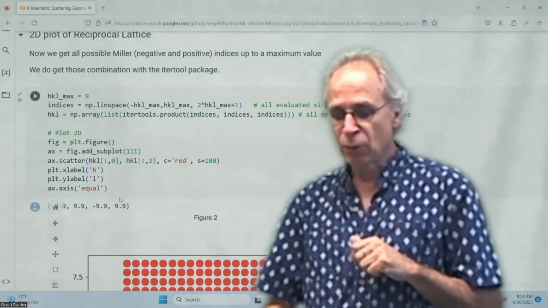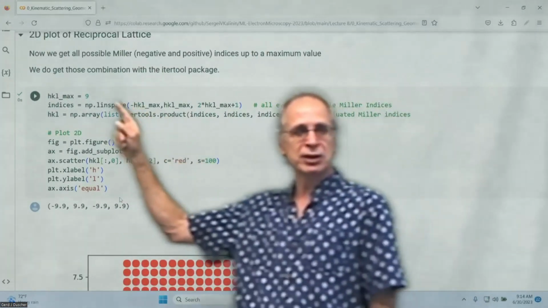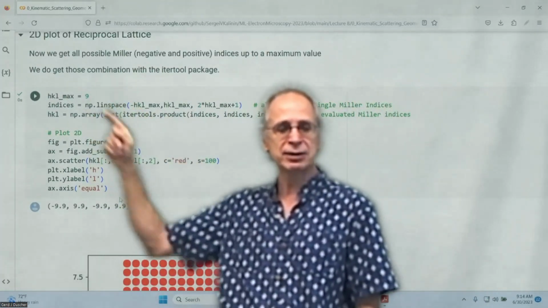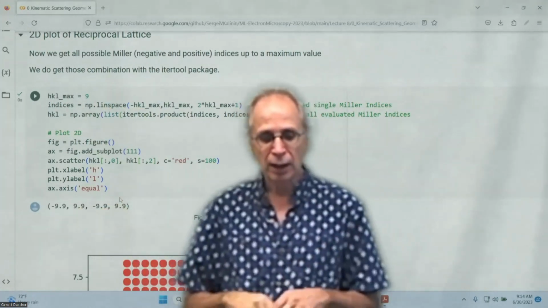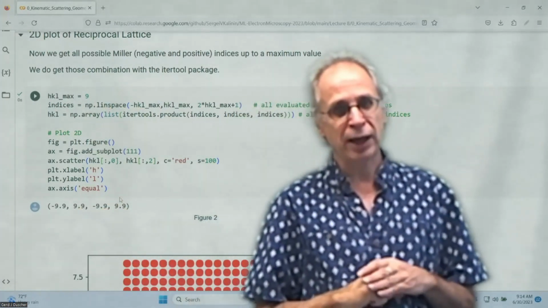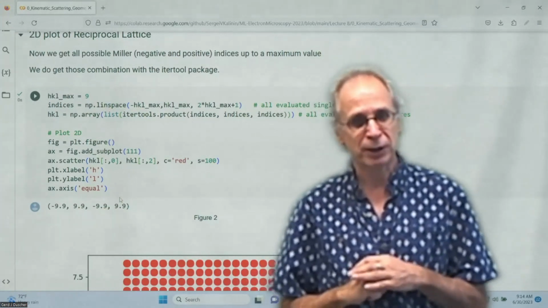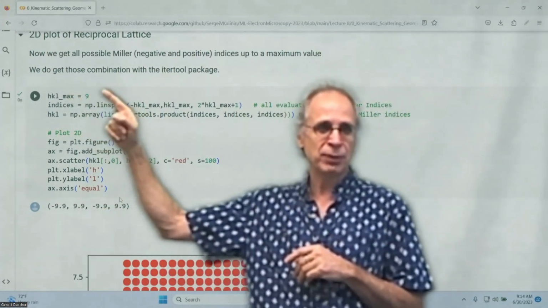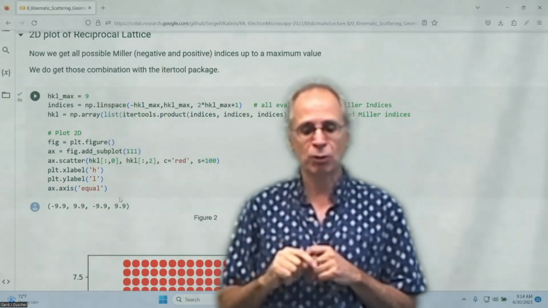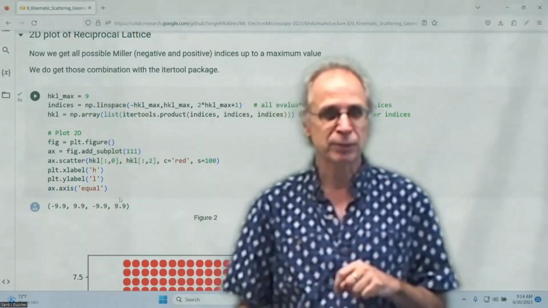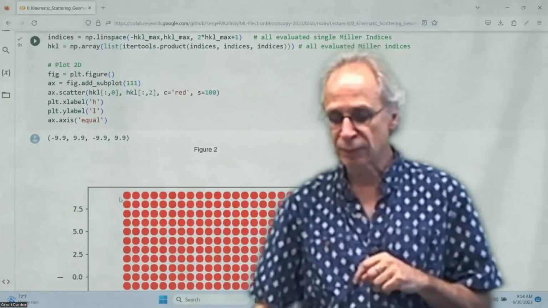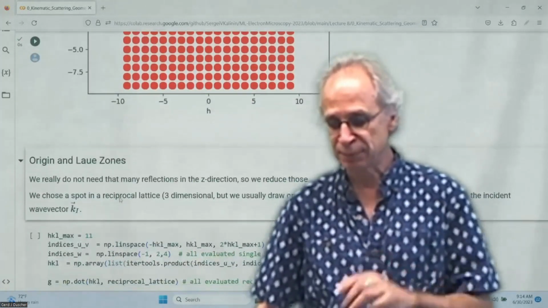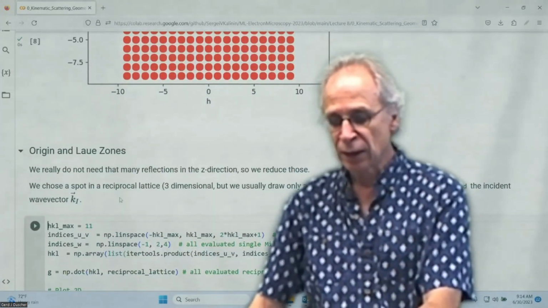And what we do is we see how many Miller indices are we going to have? What is the maximum reciprocal space that we're using? That's going to be done in Miller indices, so that is all the different spots in there. So we just multiply that.